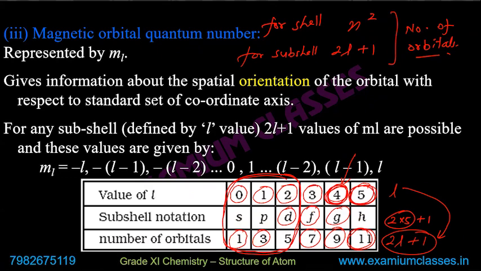I said that I will be talking about why D cannot appear in the second shell. You remember when I talked about shell and subshell.